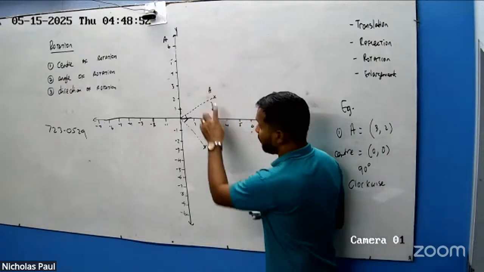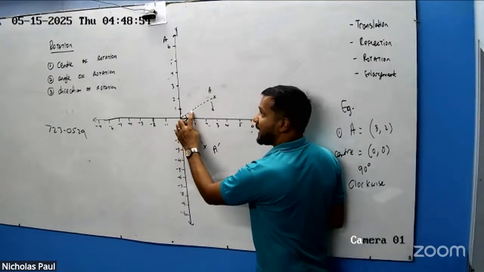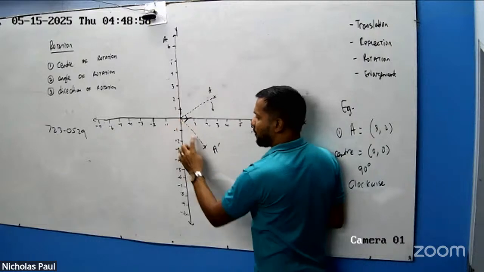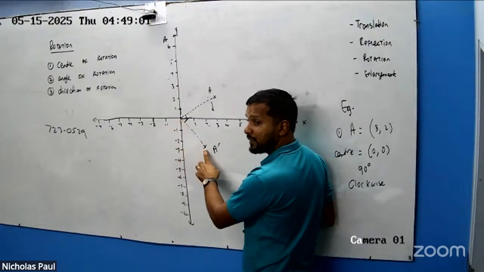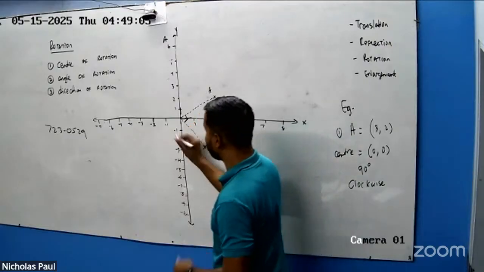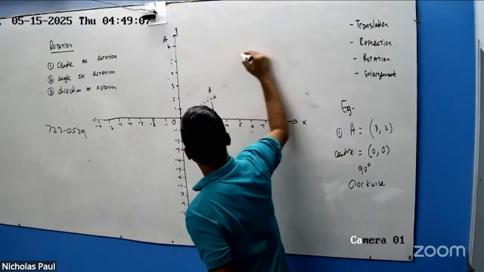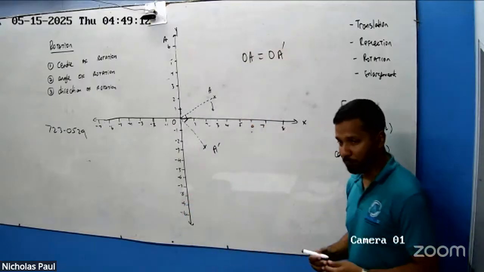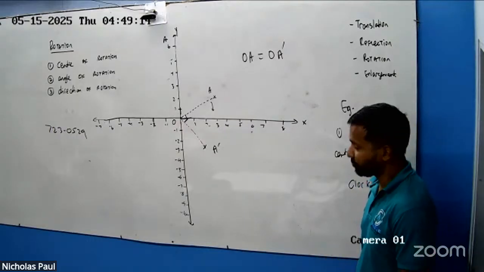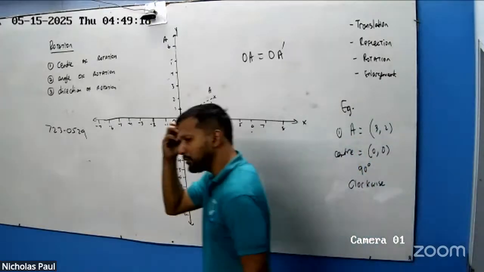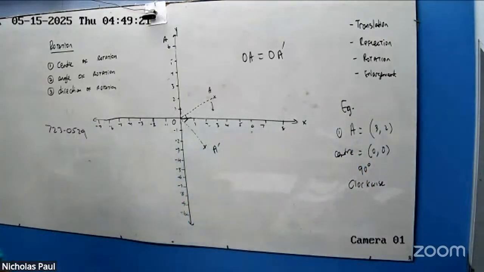So measure your length, then measure 90 degrees clockwise and then draw a line from here to here of the same length as this. So your length OA has to be equal to OA prime. Check it out. If you do it exact, it will be on a particular point.